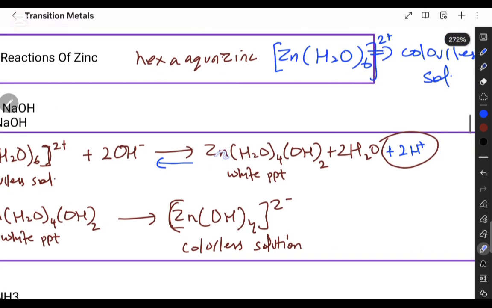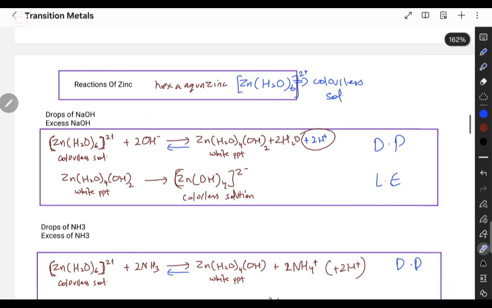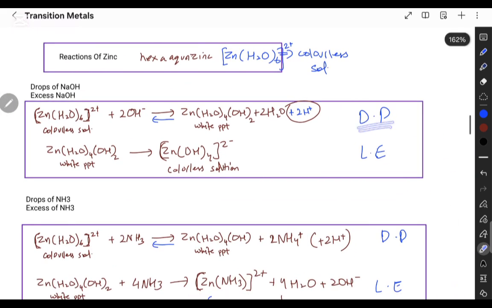And then we're going to have this right here, which is going to be a white precipitate, dihydroxo tetraaqua zinc, plus 2H2O, and this is deprotonation.